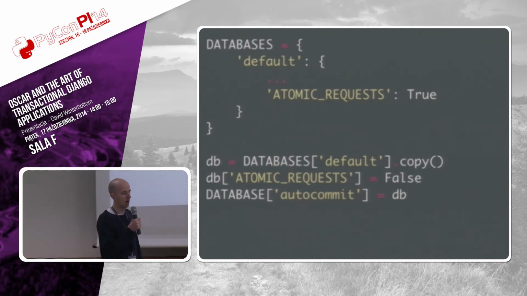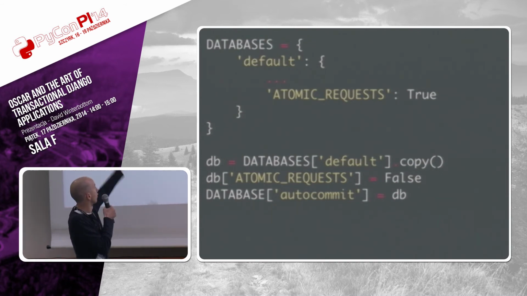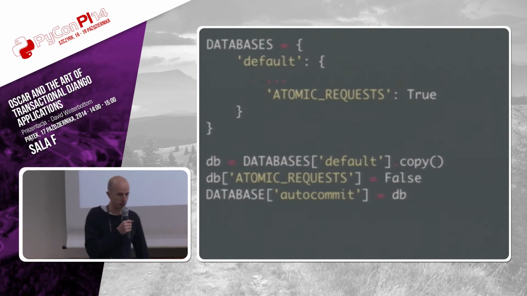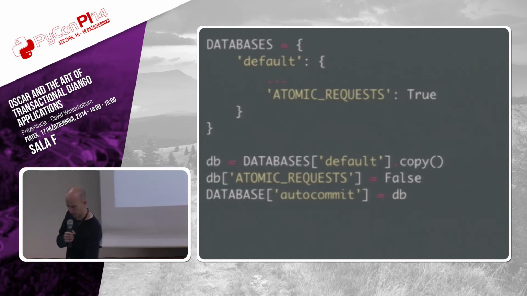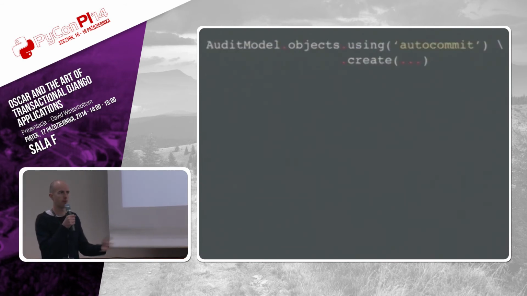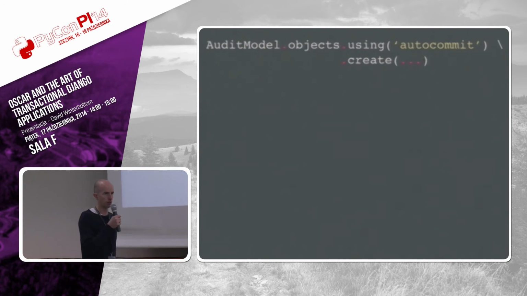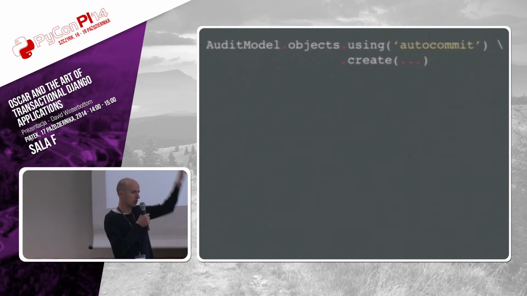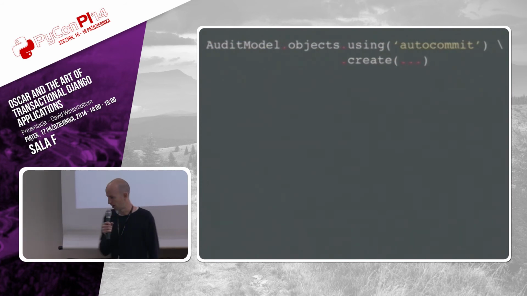So here, I'm assuming we've got one set up already, and we're just going to create another one by copying it, flipping the atomic requests setting, and then writing it back into the dictionary. And then if you want to save an audit model where you basically want to break out of the normal atomic requests, you can just use the using syntax with the ORM, and that works really nicely.